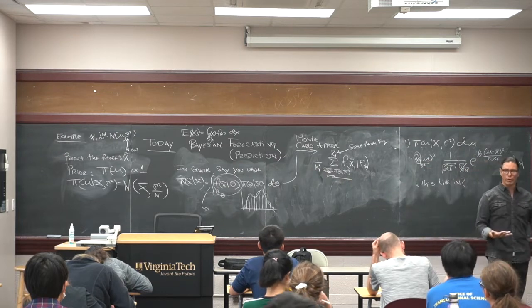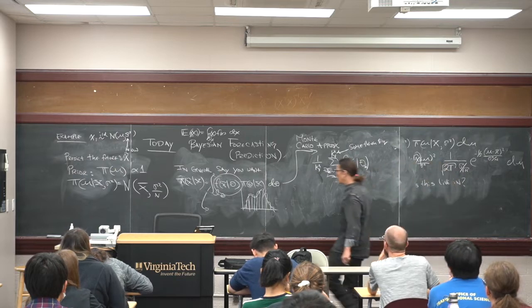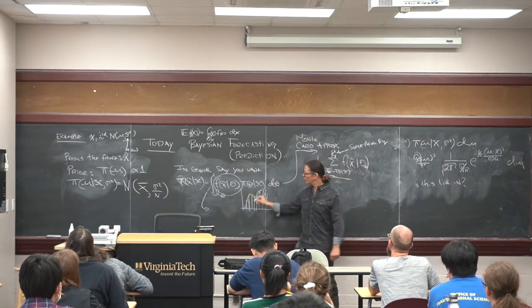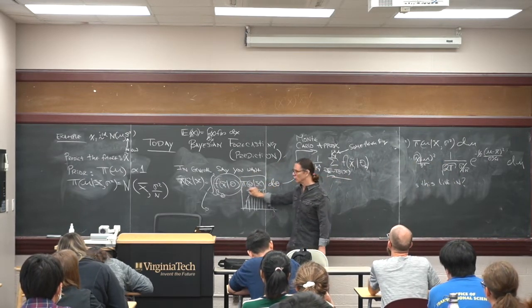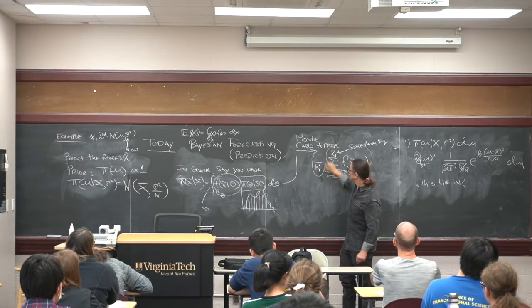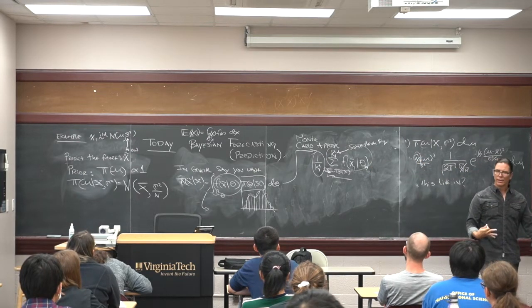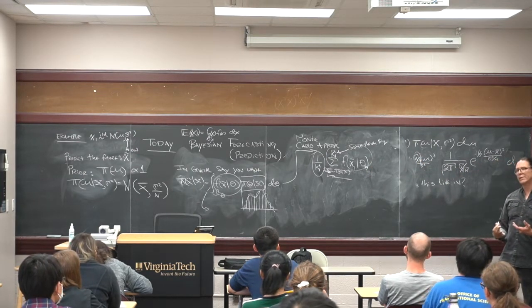So this is a uniform average in some sense. Let me ask a question. When I average this with respect to the posterior distribution, I'm taking an average of these things, but my weights are uniform. So it kind of looks a little bit different.